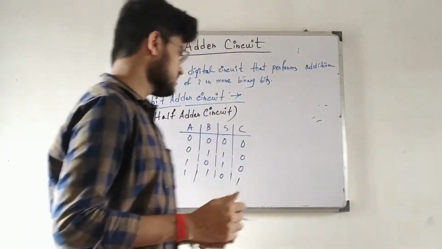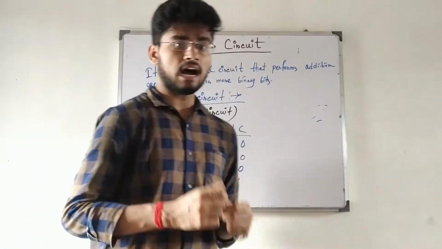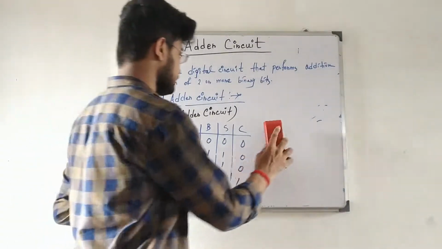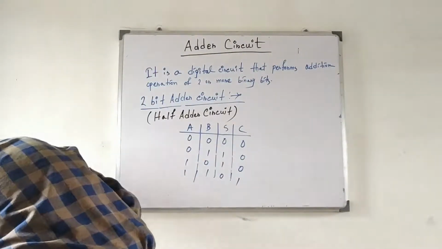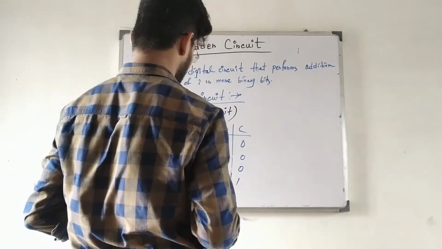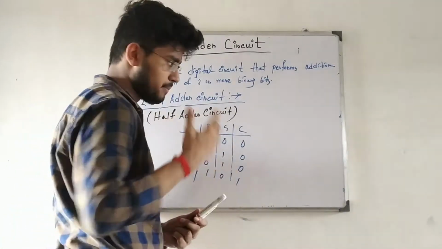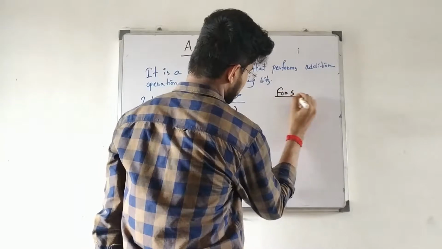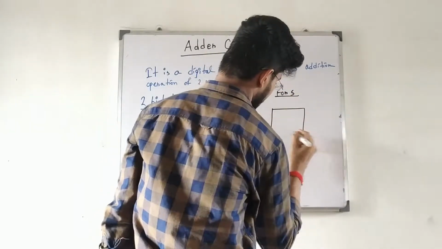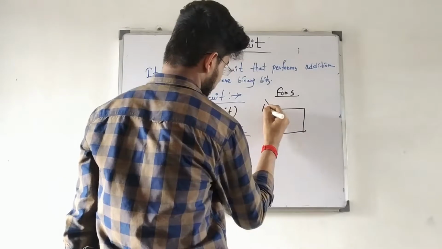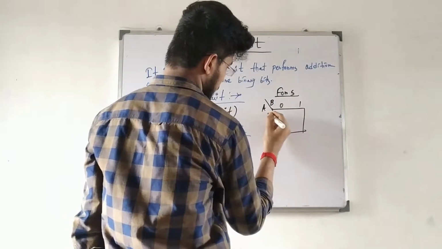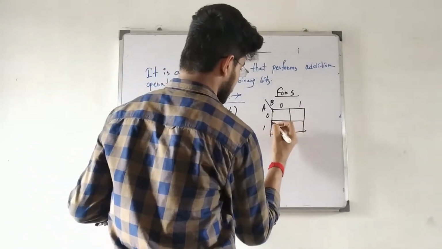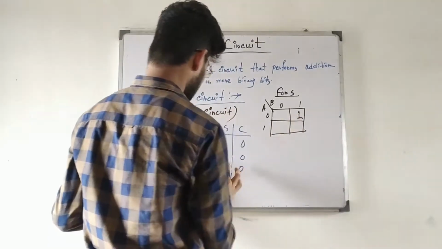So we have to find the expressions for the half adder circuit, and we will see how a half adder circuit looks like. We will take the help of K-map here. First, for S. This is only a 2-bit K-map, and this is A. This is B, so 0 1, 0 1. This is 1, this means 0 1, and this is 1, this means 1 0.